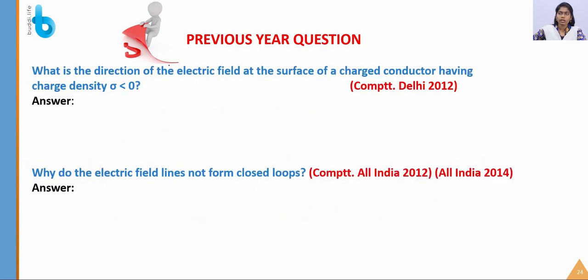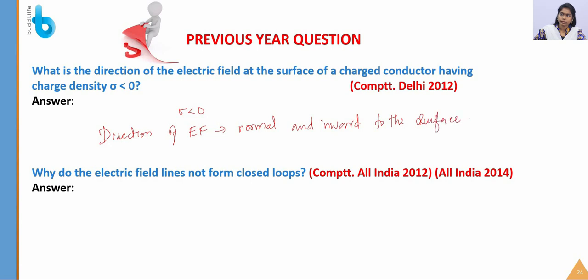The next question was, what is the direction of the electric field at the surface of a charged conductor having a charge density sigma less than 0? The direction of the electric field is normal and inward to the surface.